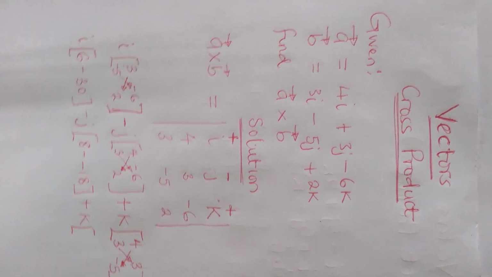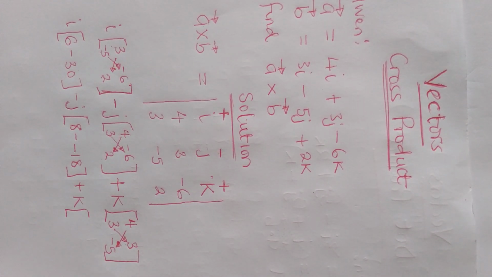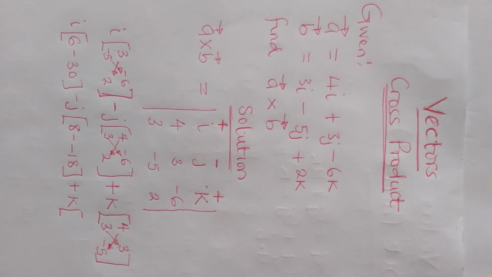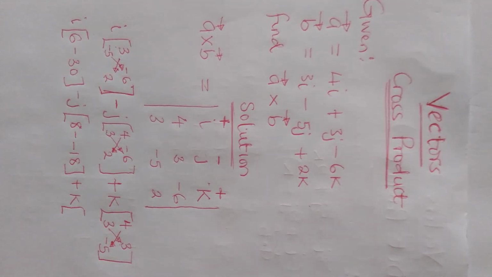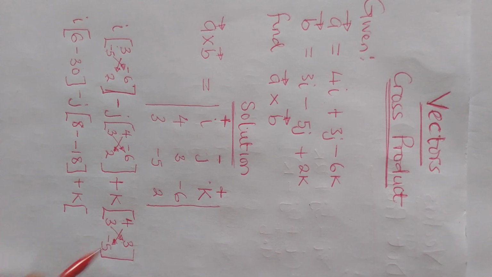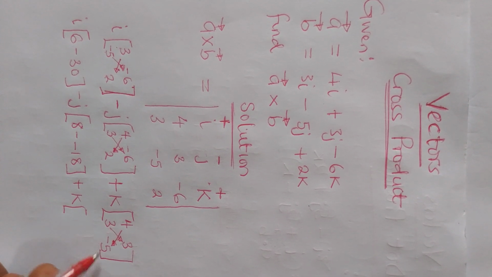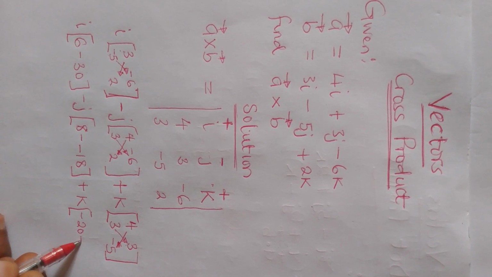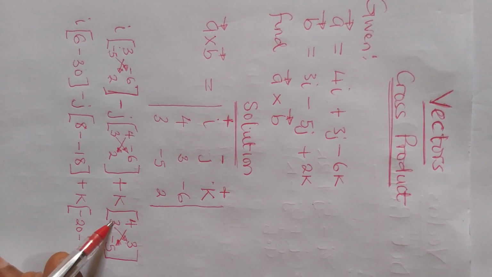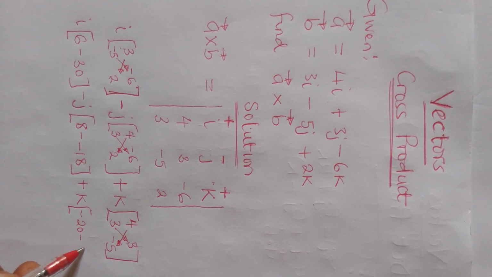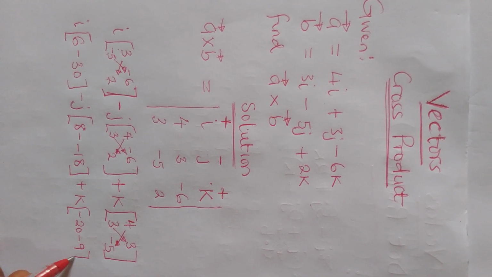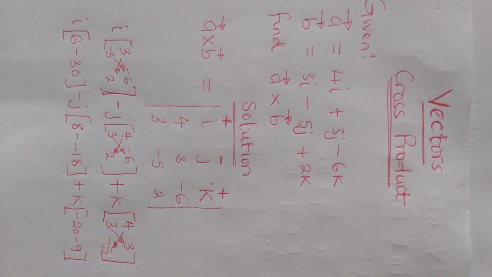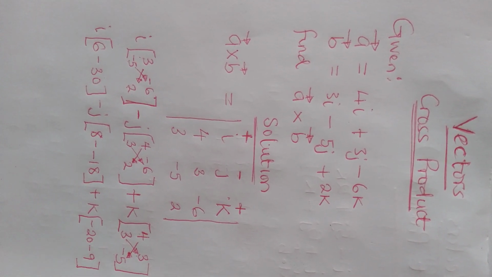So we have plus k. So we have 4 times minus 5 will give us minus 20, and then 3 times 3 will give us 9. So we've closed it.